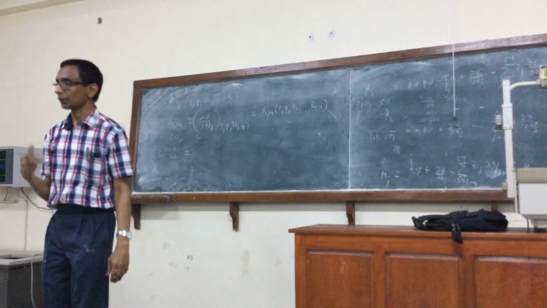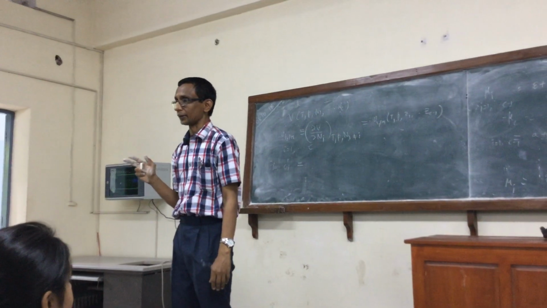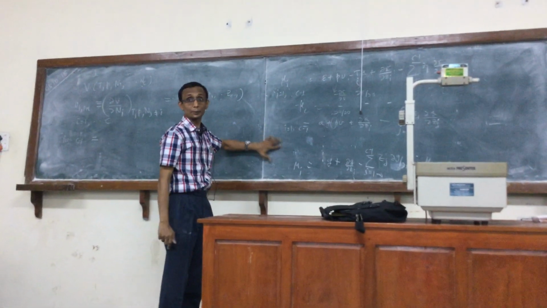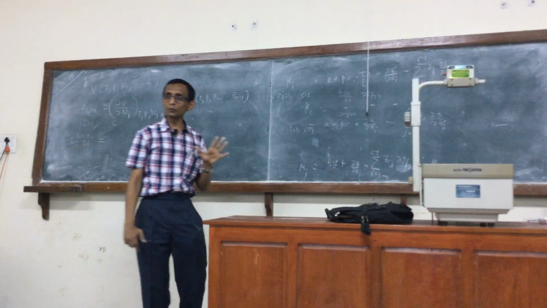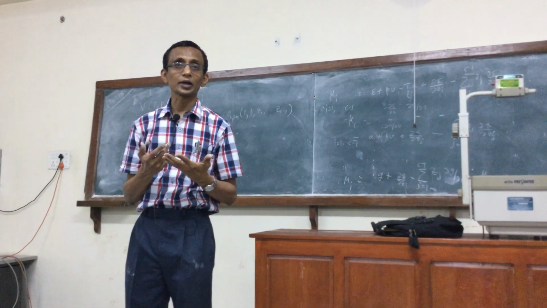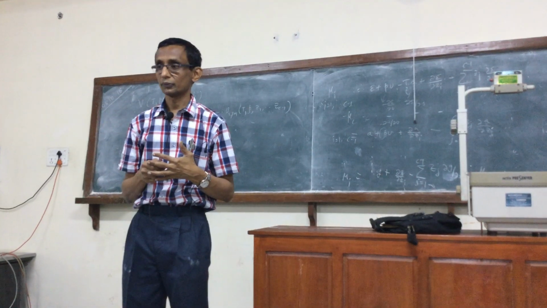But I don't want to do that because implicitly I have already done it. Now, among all these formulas that I've written for the chemical potential, which one would you pick to write the formula for the partial molar property?